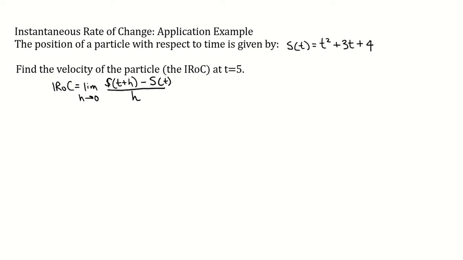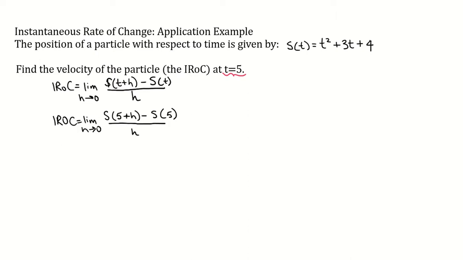And now we're given that our t value is 5, so we're going to plug that in. So we get limit h goes to 0 of s of 5 plus h minus s of 5 over h.